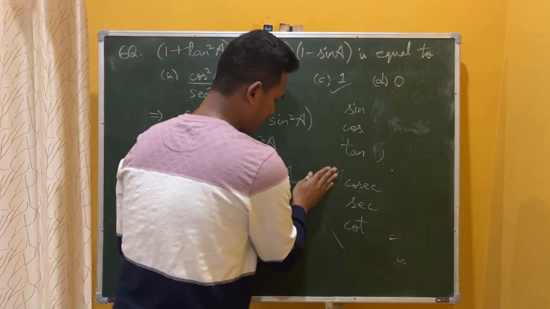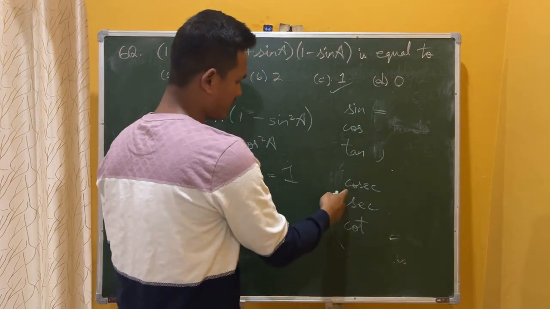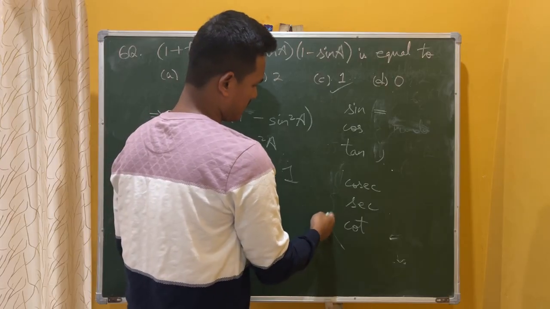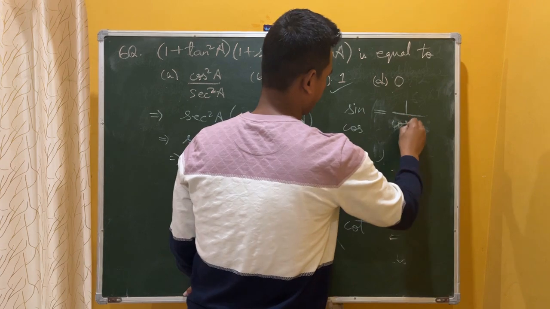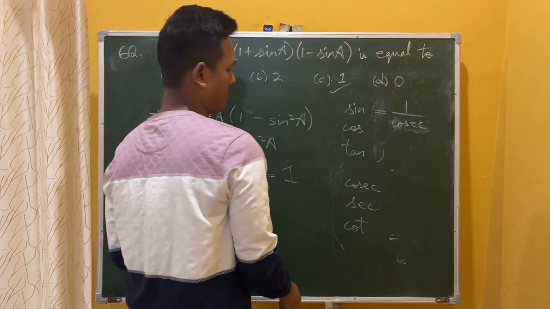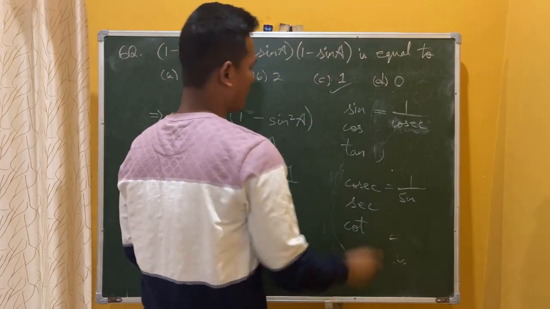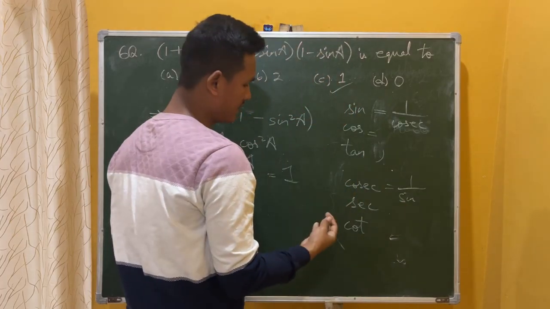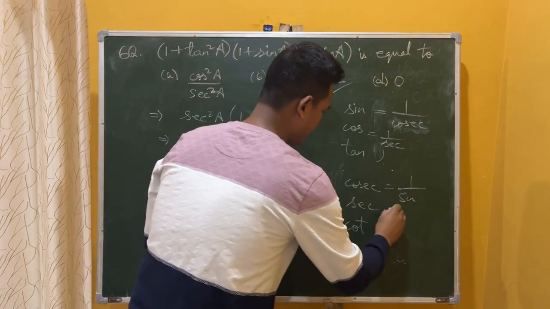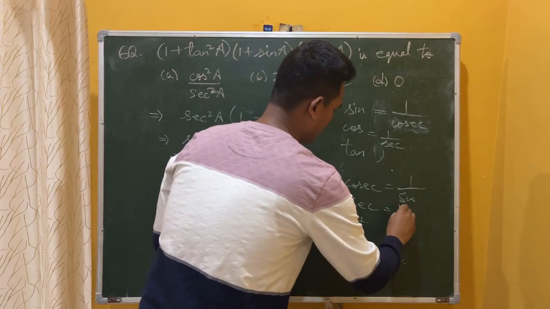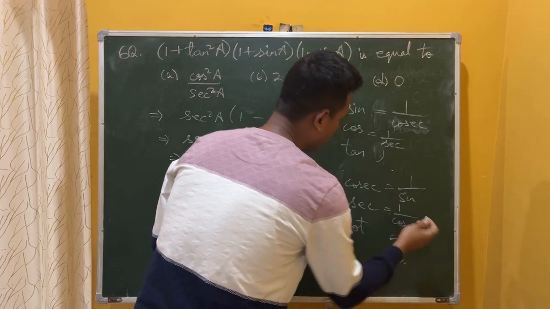Now the relation between them is that sine is the inverse of cosec, or vice versa. Cosec is 1 upon sine, while cos is the inverse of sec. Or you may say sec is derived from cos, that sec is the inverse of cos.